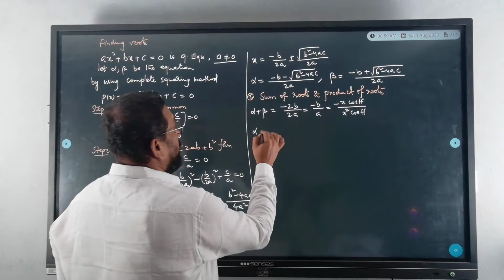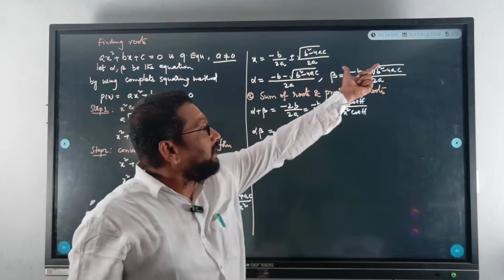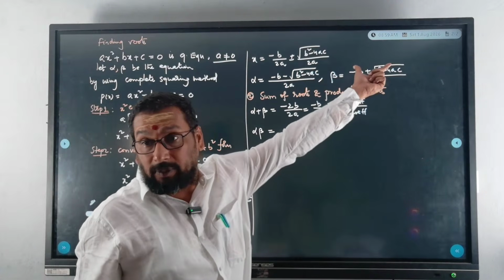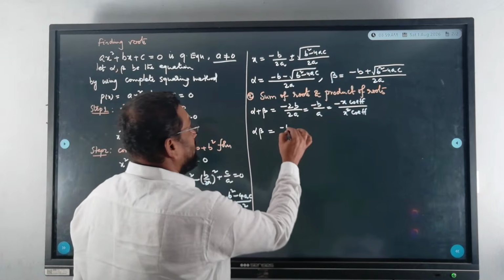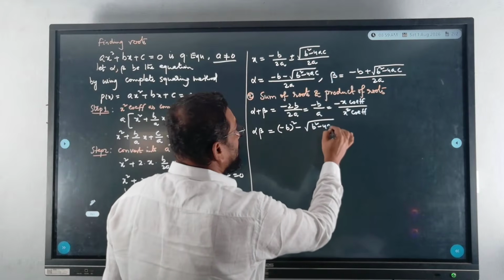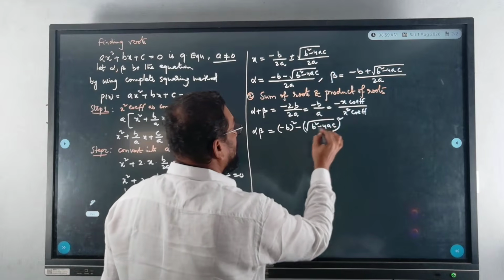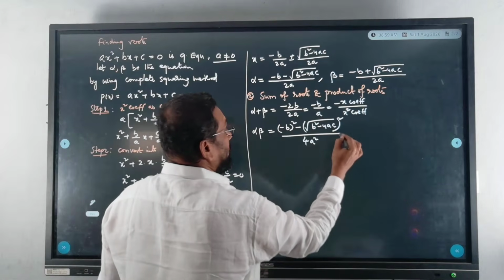Now product of roots. If you will observe, this is x plus y, this is x minus y, a plus b into a minus b, a square minus b square. So minus b whole square minus root over b square minus 4ac whole square by 2a times 2a, 4a square.